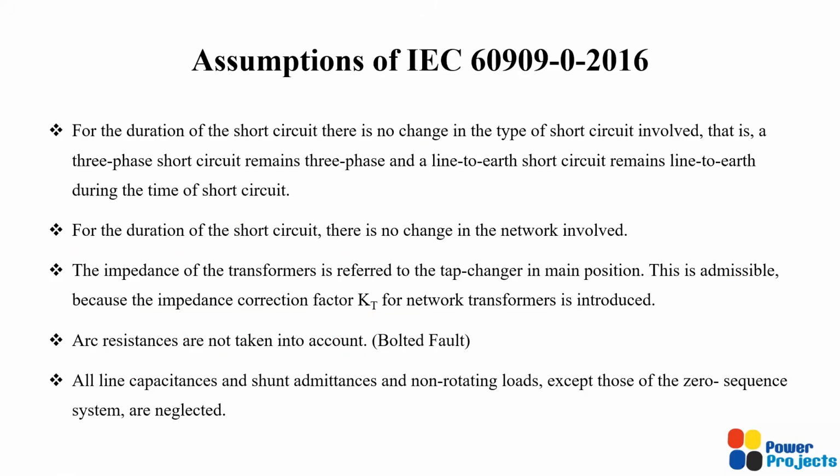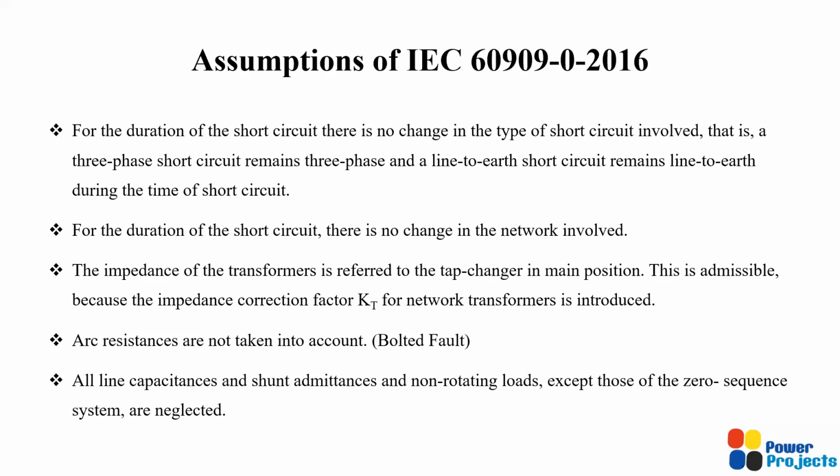The standard assumes that there is no change in the type of short circuit involved. In real time, generally, if there is an insulation failure in one particular phase, that could be a single line to ground fault, then because of the thermal stress or increase in temperature, that may spread to line to line fault and finally to a 3-phase fault.